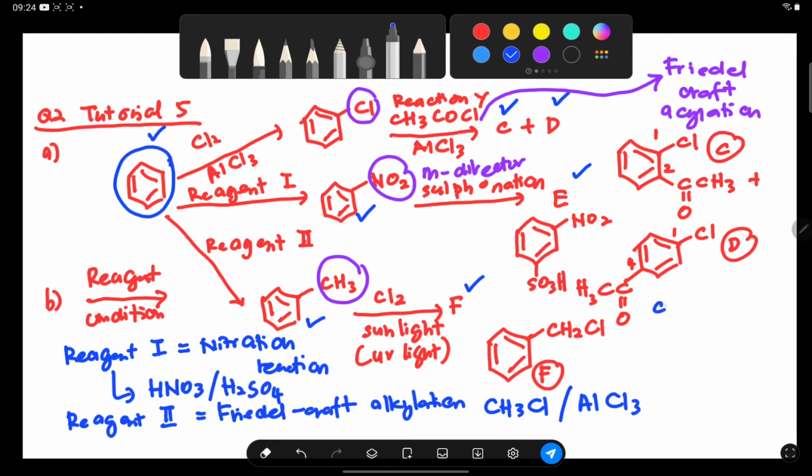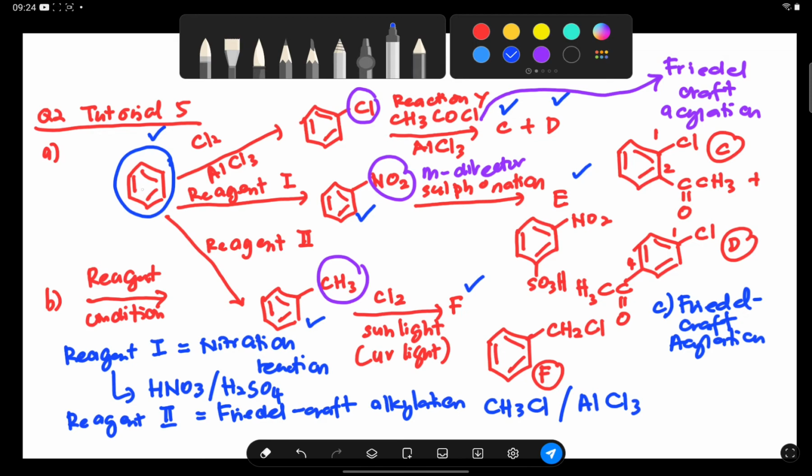Then for question C, the question asks you to identify the name of reaction Y. Where is reaction Y? Reaction Y is Friedel-Crafts acylation. And outline the stepwise mechanism for the reaction of benzene with reagent 2.